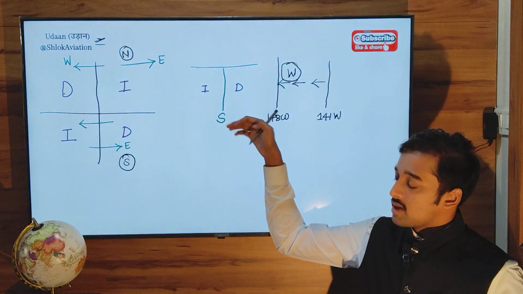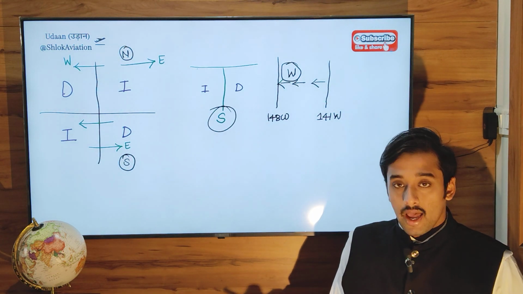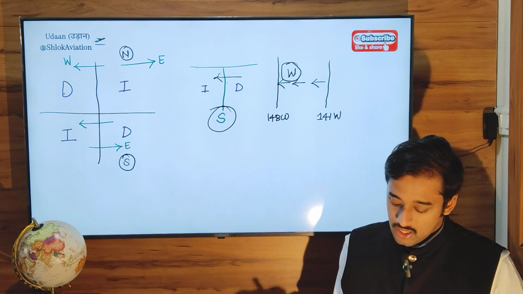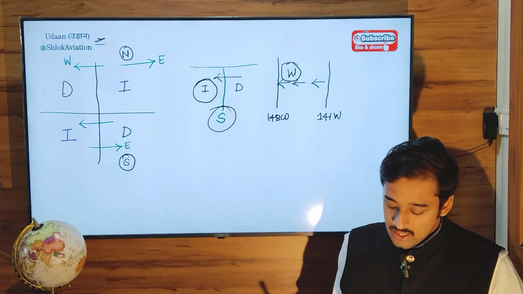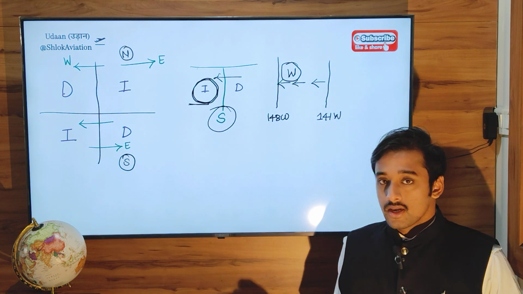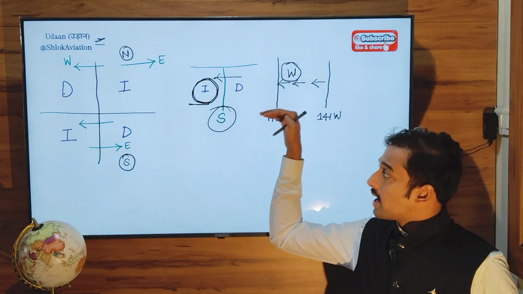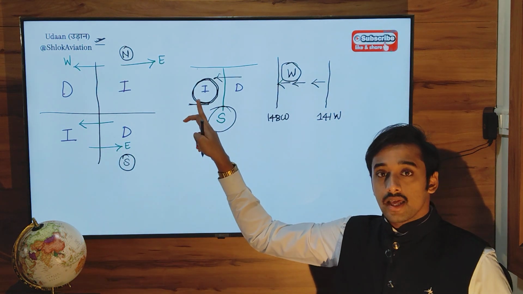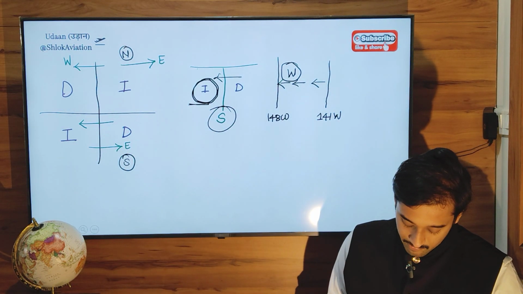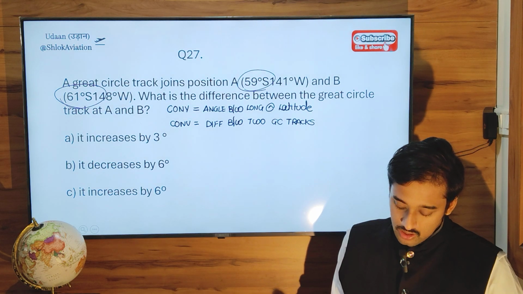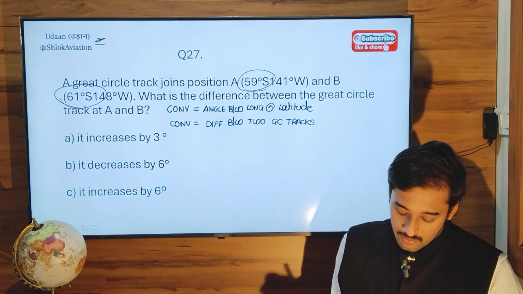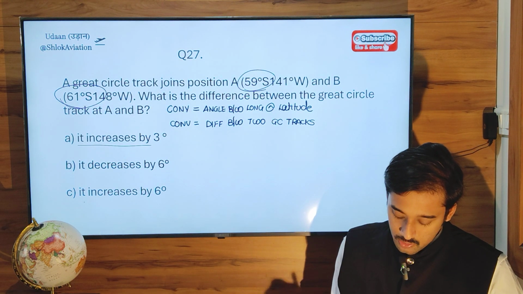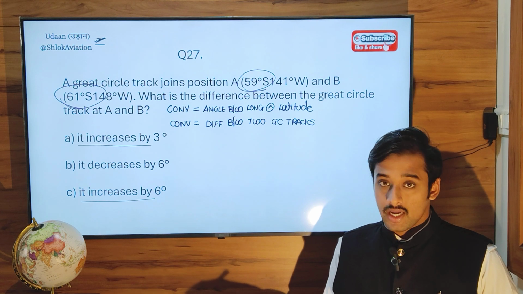Now when you are in the southern hemisphere like in this question and you are flying in the direction of west, the difference between great circle tracks will increase. Okay, now over here, the correct option will be either option A or option B, 3 degrees or 6 degrees.